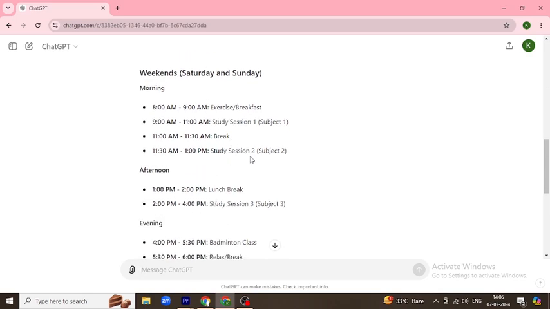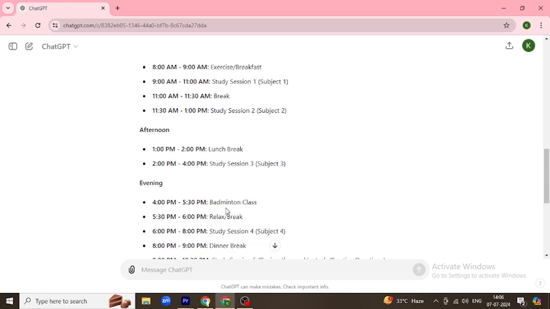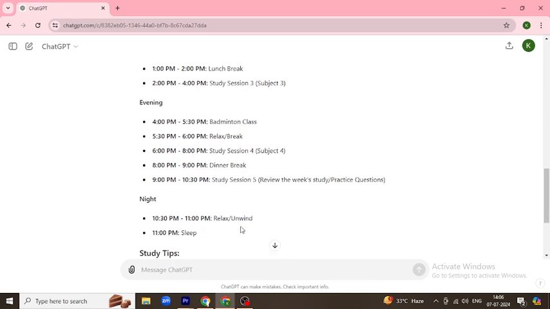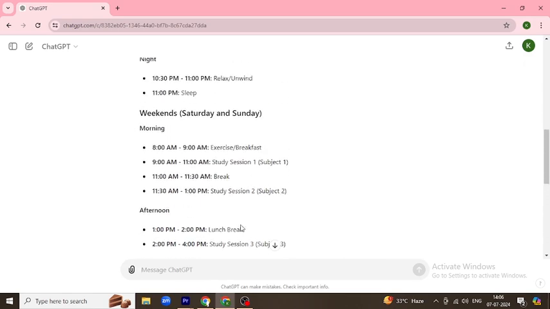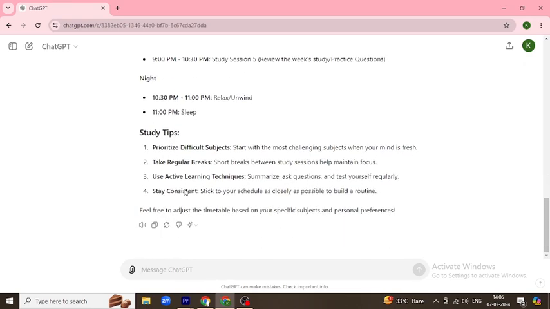So this is how we can create a study timetable using ChatGPT, and which actually works. And there are some study tips also. Difficult subjects should be covered first. Take regular breaks. Use active learning techniques like summarize, ask questions, test yourself regularly.